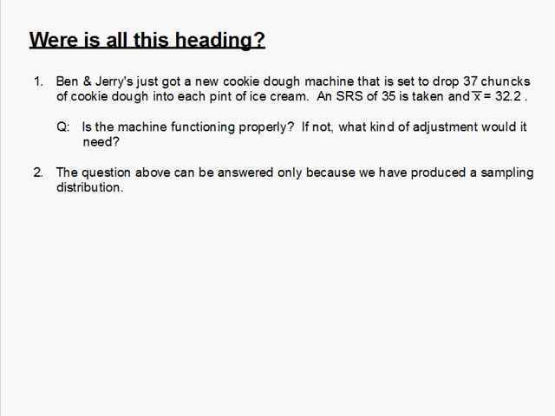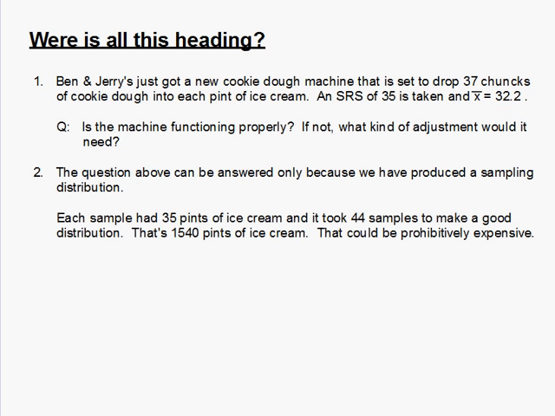So, where is this all heading once you've actually thought about that question a little bit? Now, the question above can really only be answered because we have already produced a sampling distribution. Notice that I showed you, you have to take this 32.2 and locate it on the sampling distribution, which means we have to have the sampling distribution to answer this question.